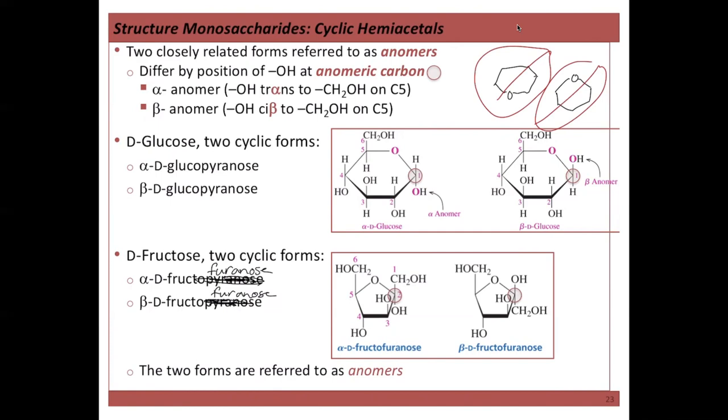So there is a convention. When we draw furanoses, we draw the OH at the top. When we draw the pyranoses, we have a flat top on our hexagon, and that OH is in that top right corner. So check, that's the proper form, and check, that is the proper form. Again, if you decide to do things differently, all bets are off in what I am telling you.